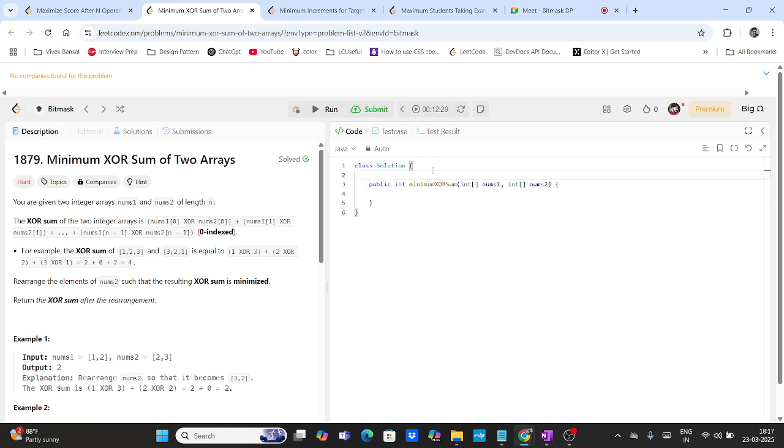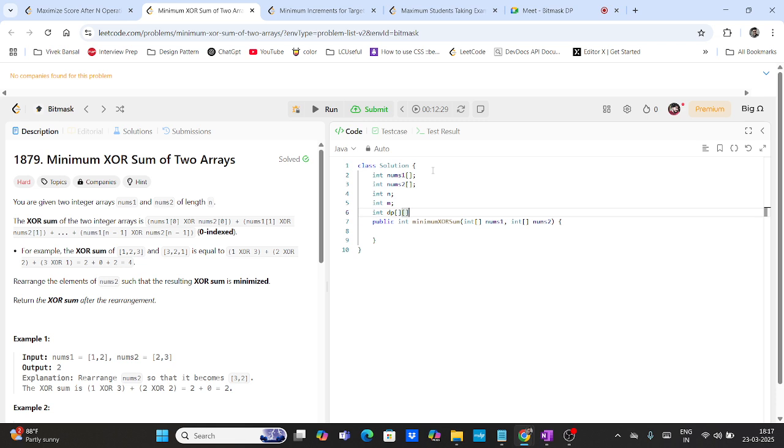Chalo. So what we need, so I generally make everything as global. And we have int dp. Now there will be two dimensions, right?